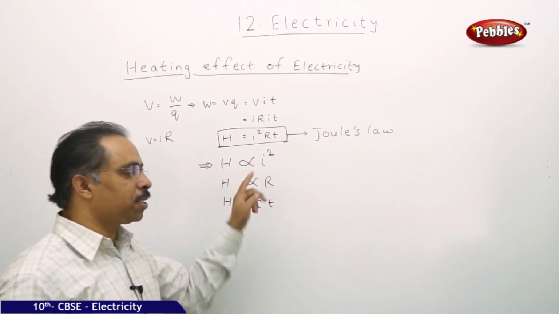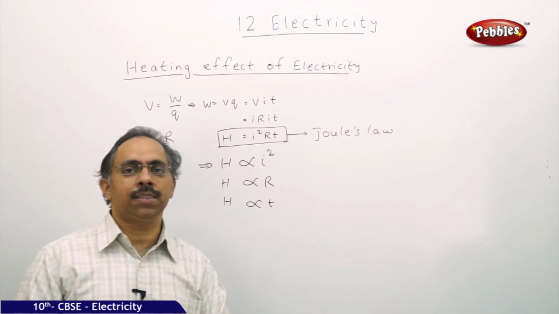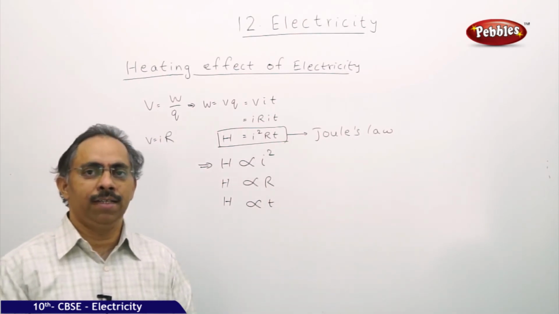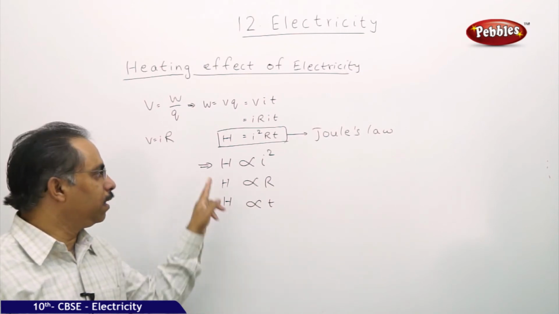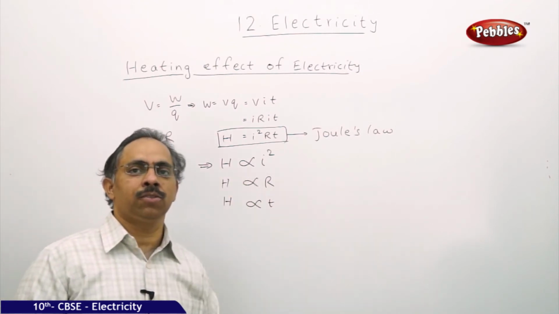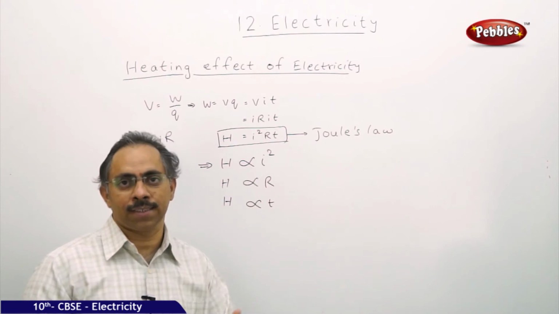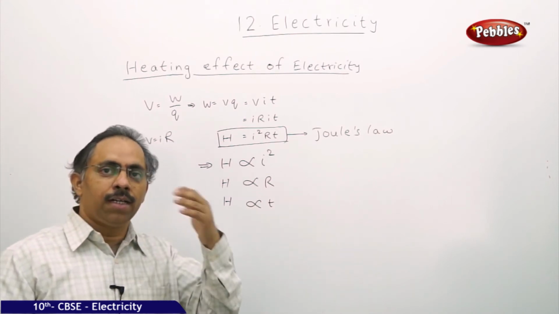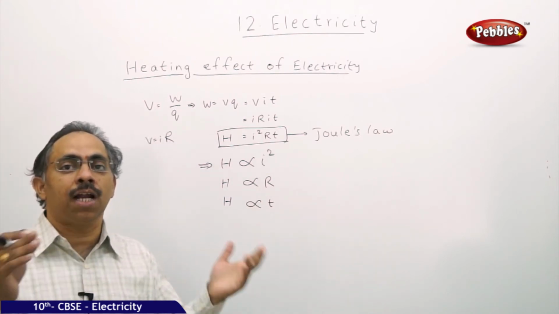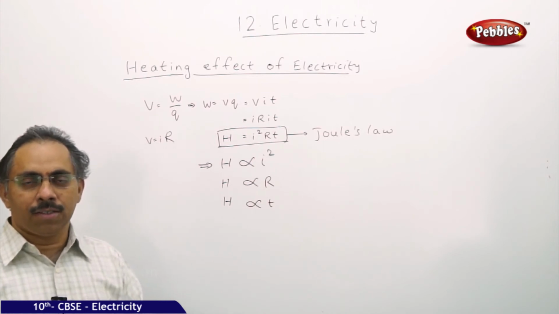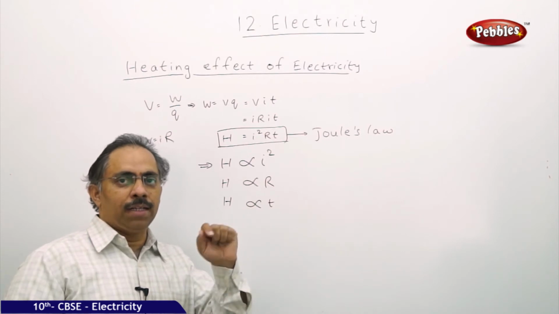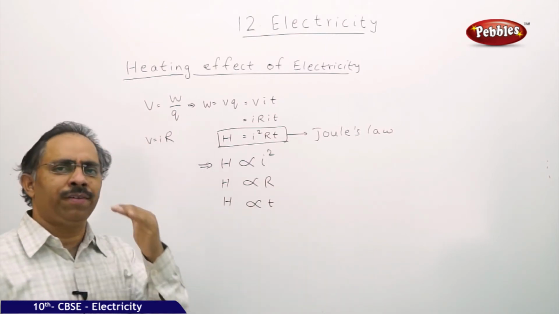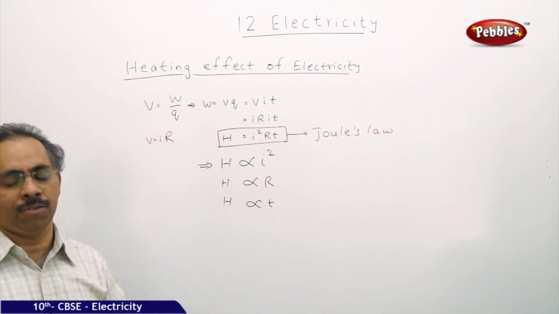Because heat is proportional to I square, they increase the value of V so that I is reduced. When I is reduced, the heat produced in the transmission lines is very less. So in order to avoid heat loss to the surroundings during power transmission, they increase the potential drop and thereby reduce the current drastically.